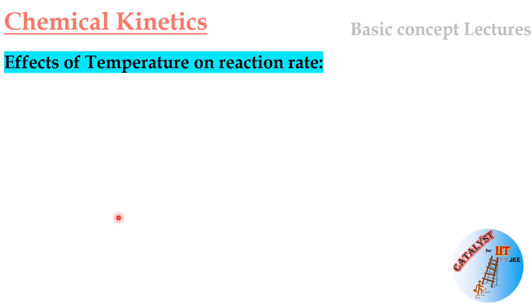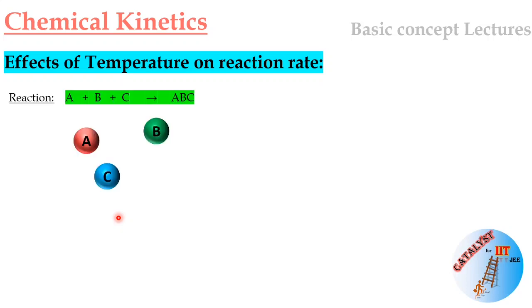Now let us look at the effects of temperature on reaction rate qualitatively first. So this is the reaction where A, B, C are the reactants and A, B, C is the product, where B comes closer and by an effective collision it forms ABC product. Correct? Now what happens when you increase the temperature?